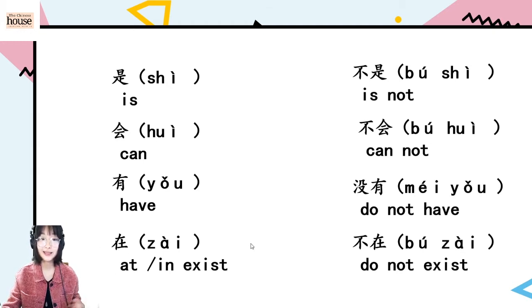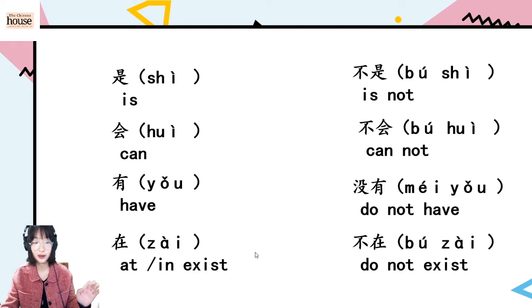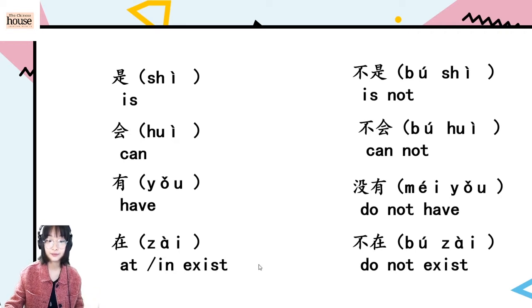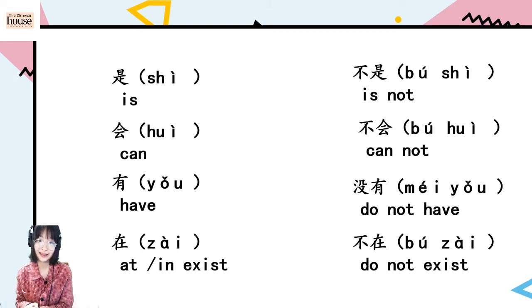And 在 means at, in, or exist. 在不在, not exist or is not at.